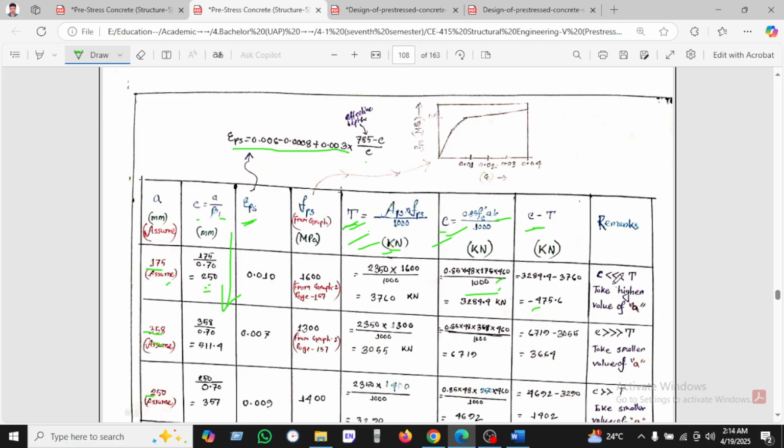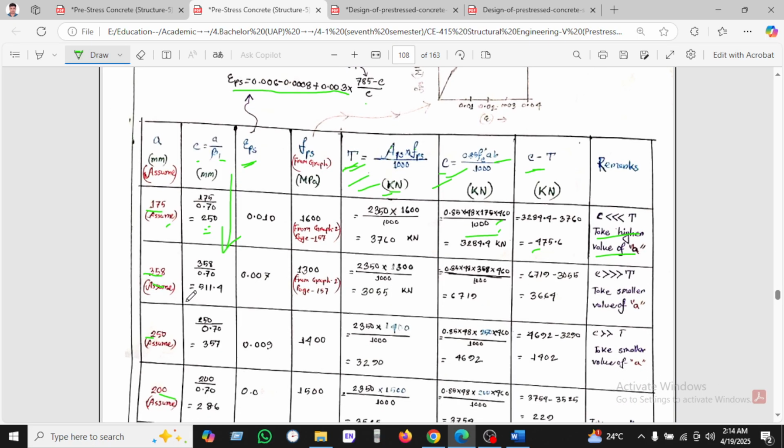So C is much greater than T, so we take the higher value. At first we took 175, and consequently we found it here. We see C minus T is positive, so C is much greater than T, so take the smaller value here.